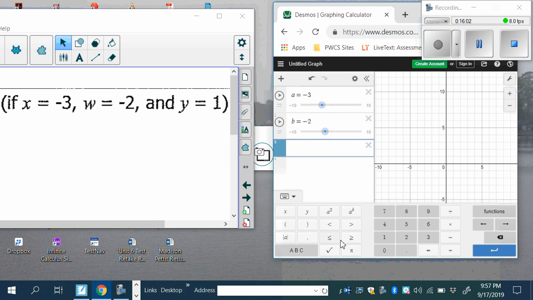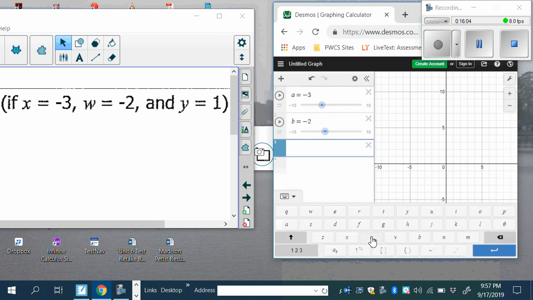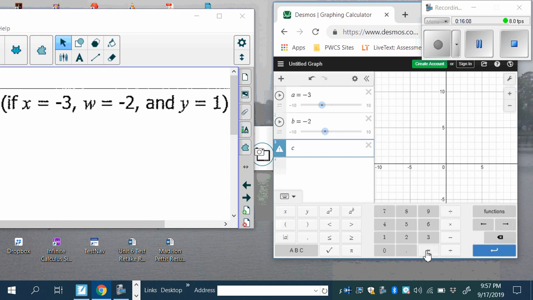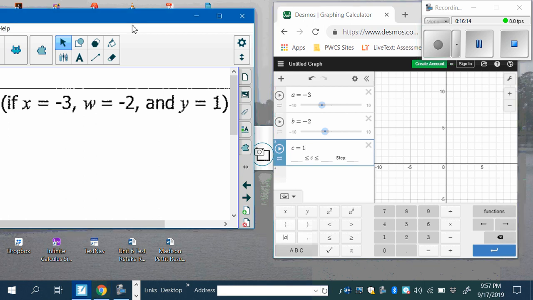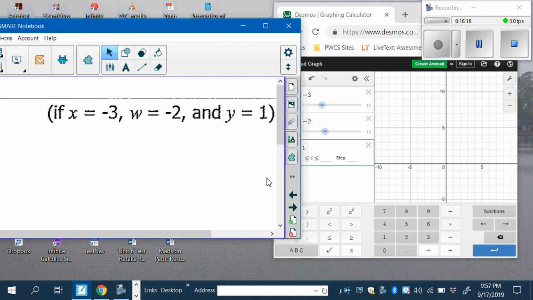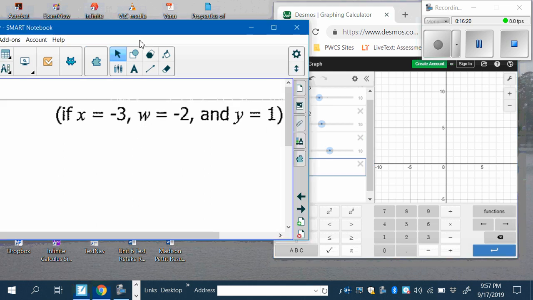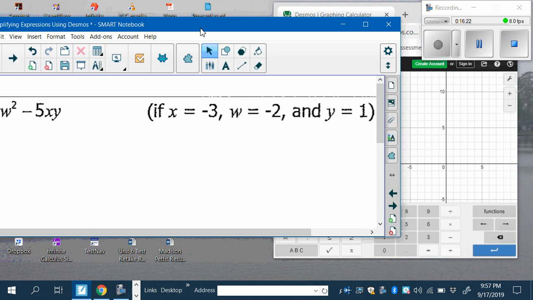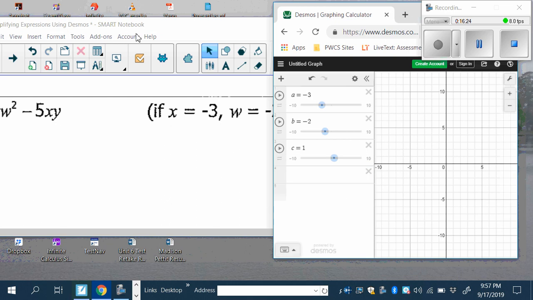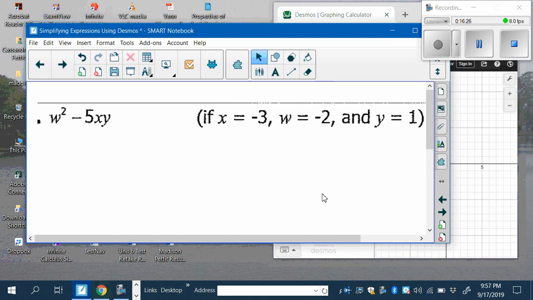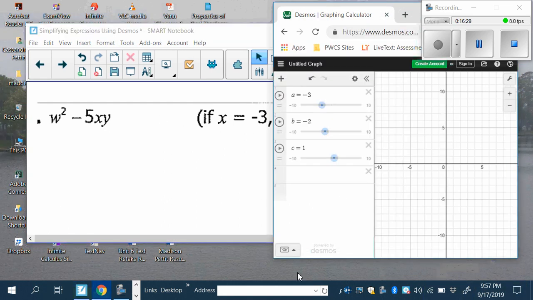And C is equal to 1. Okay. X, W, Y. All right. So every time I see X, it's A. Every time I see W, it's B. And every time I see Y, it's C. Okay?